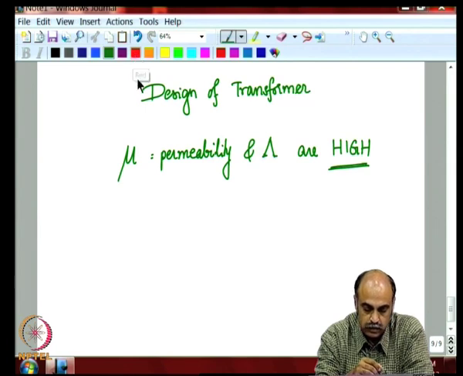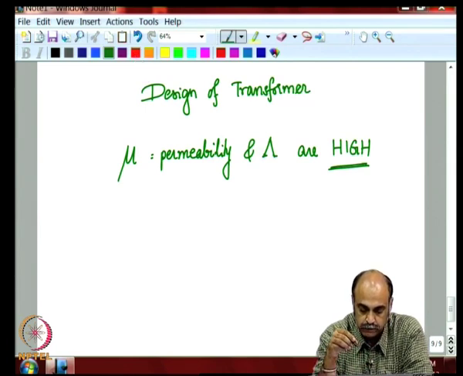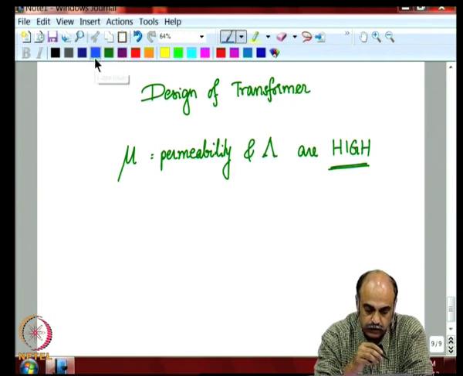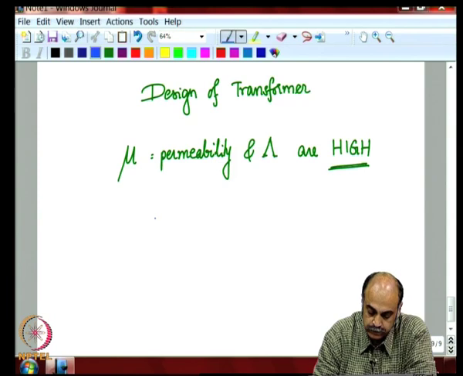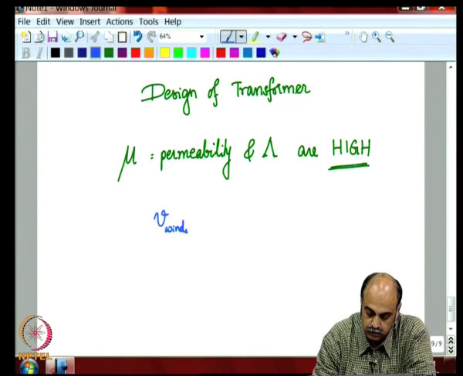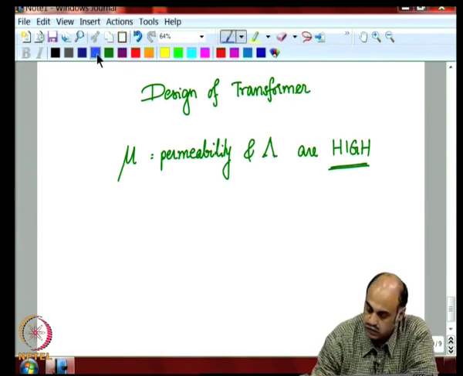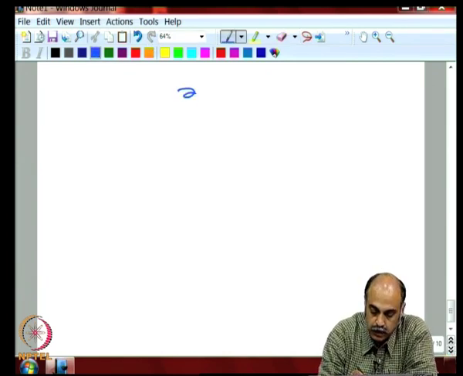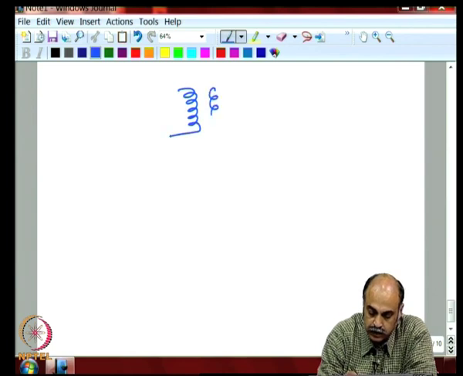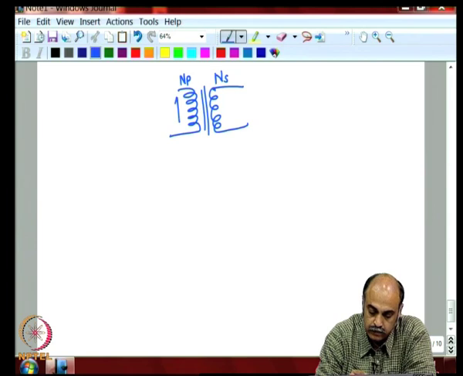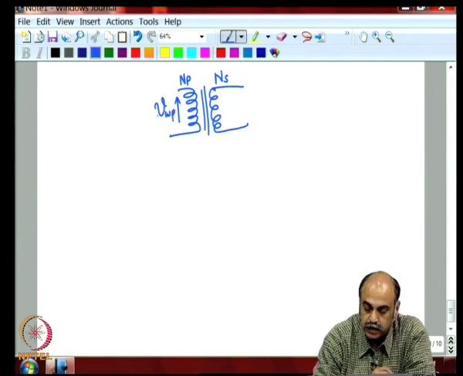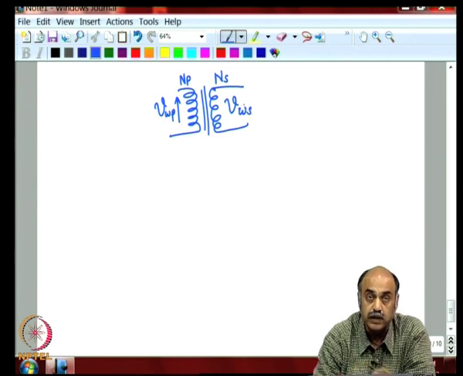Now, when we look at the transformer, here again we use the two equations. V across the winding. Now, let me go to a new page. If you have the transformer winding like this, this is the primary, N primary, N secondary. This is the voltage across the primary winding, voltage across the secondary winding.